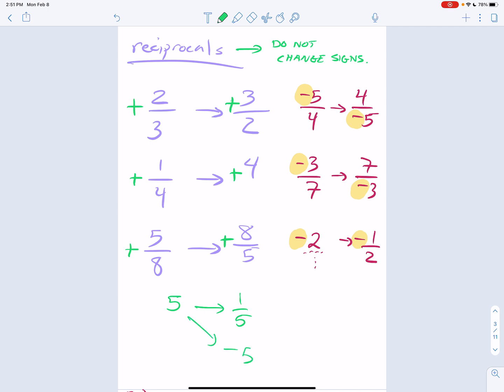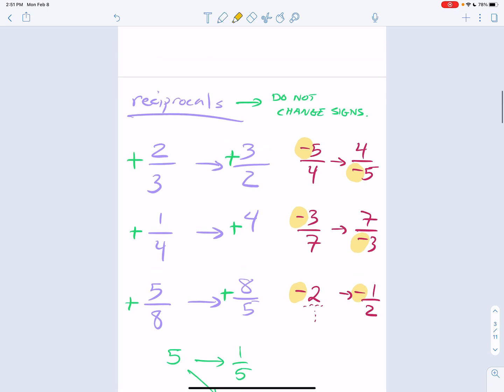So don't use these two words interchangeably, okay? Reciprocal means that you're switching your numerator and denominator. Opposite means that you're switching the sign, okay? But the big takeaway right now is make sure that you guys understand this part. Reciprocals do not change signs. So here's what I mean.